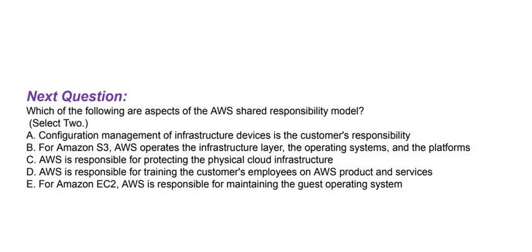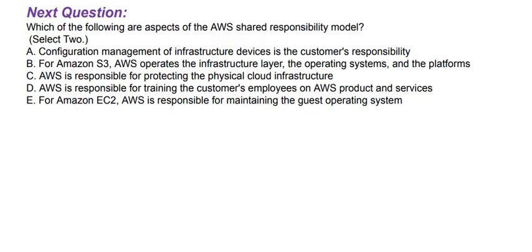Option C. AWS is responsible for protecting the physical cloud infrastructure. Option D. AWS is responsible for training the customer's employees on AWS products and services. And option E, for Amazon EC2, AWS is responsible for maintaining the guest operating system. The correct answer is option A and C.